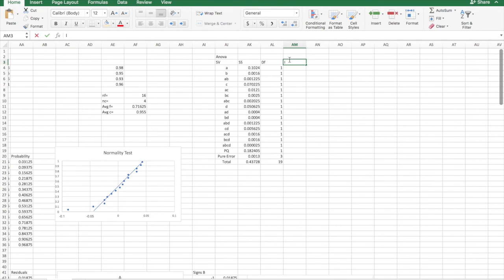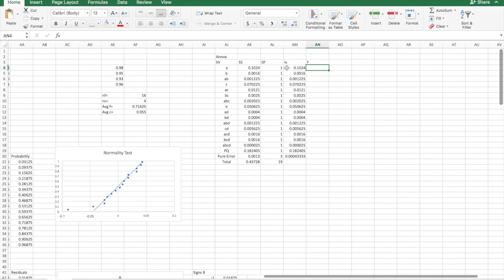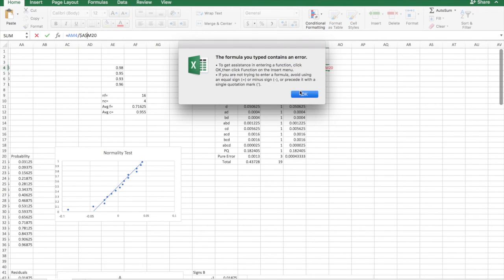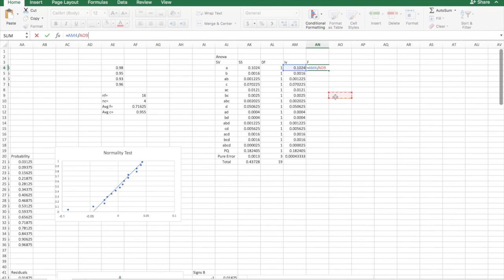Now we calculate the individual variance, which is going to be this one over this one. Then we calculate the F, which is going to be this one over this one. Hold on. I wrote something wrong, I think.